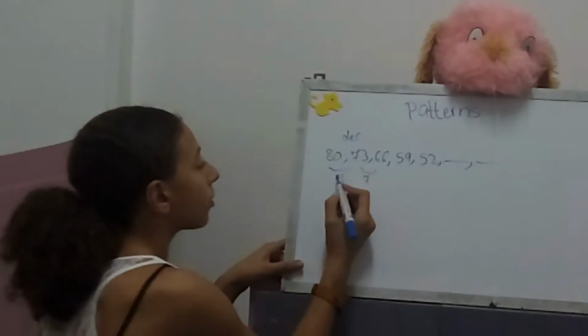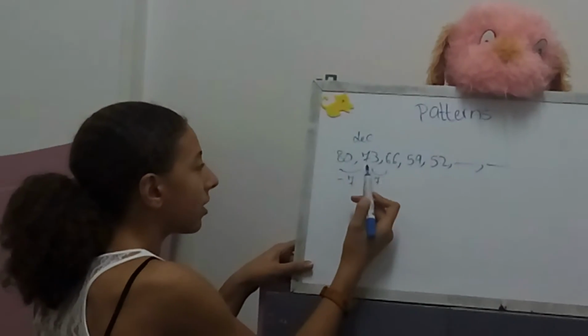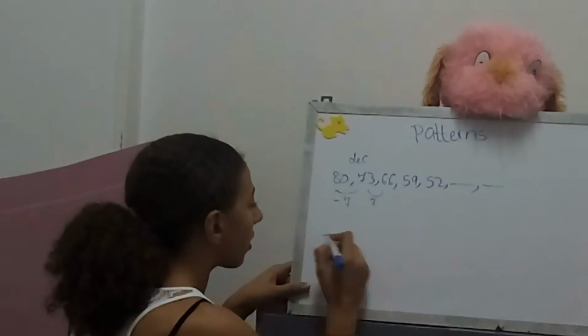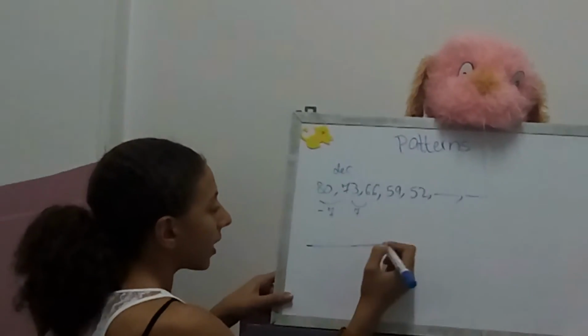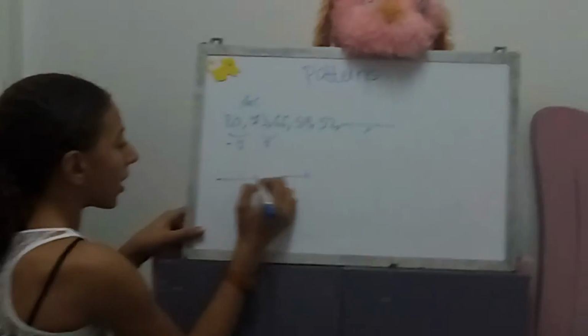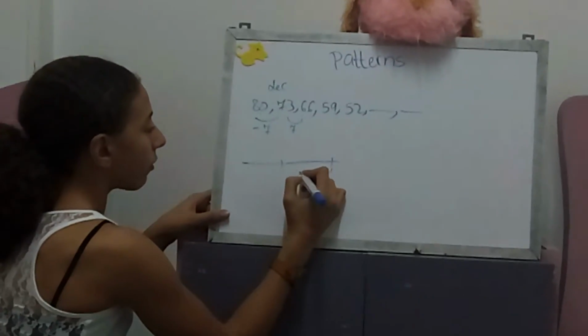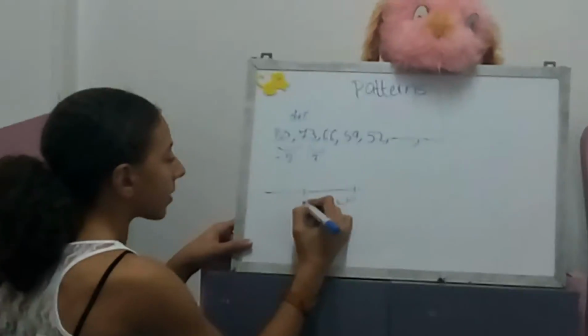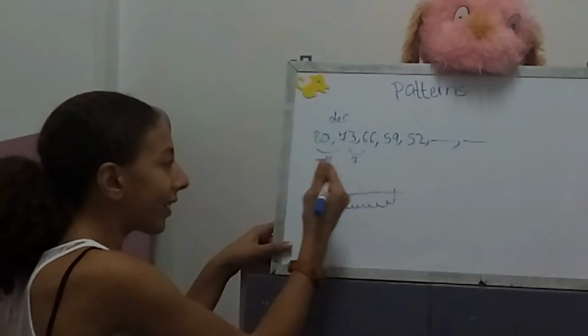Okay, so we'll do negative 7 because from 80 to 73, imagine it's on a number line, and here is 80 and here is 73. You'll go negative 1, negative 2, negative 3, negative 4, negative 5, negative 6, and negative 7. So we'll write here negative 7 to remember that we subtract 7.